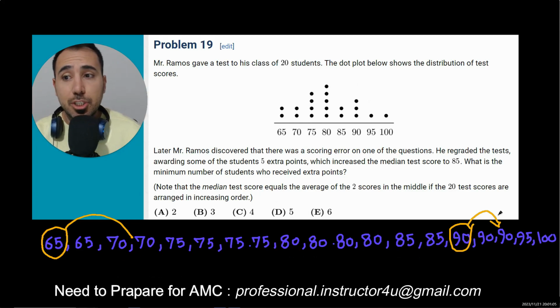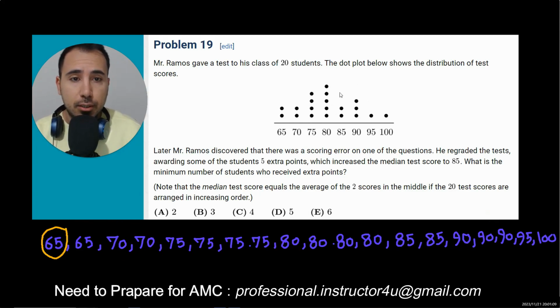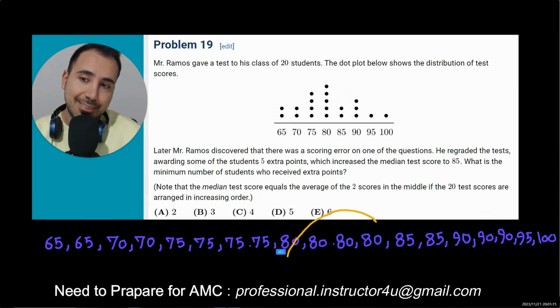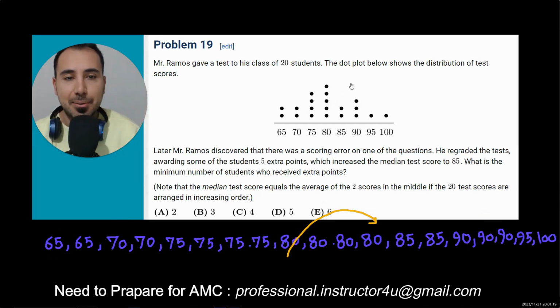So if we want to change the median, it has to go, okay, before the median, from the left of the median to the right of the median, okay? So let's see how many of them we need, okay?